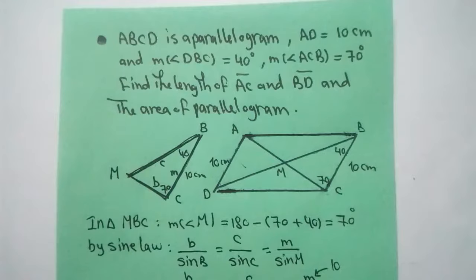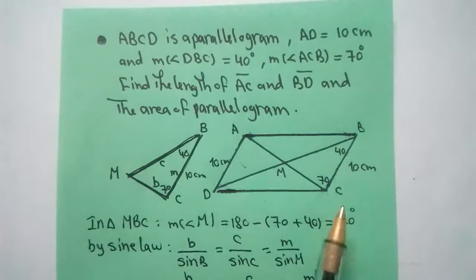By sine law, b over sine B, c over sine C, m over sine M: b over sine 40, c over sine 70, 10 over sine 70. We get b by cross multiplication: 10 times sine 40 over sine 70 equals 6.8 centimeters. And c, by cross multiplication and isosceles, equals 10.